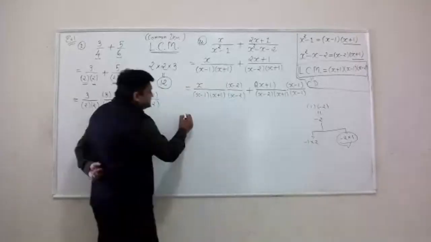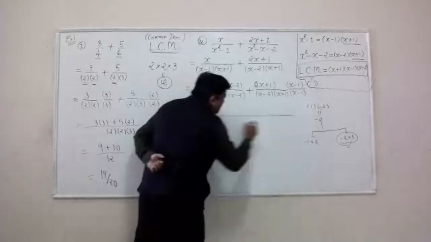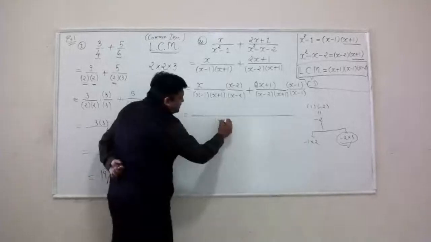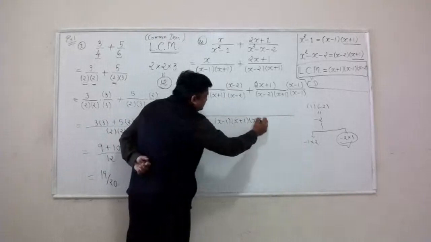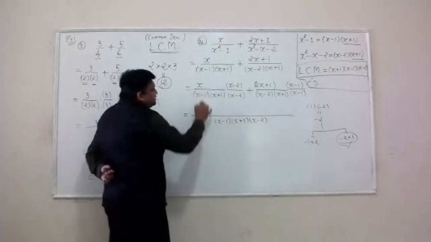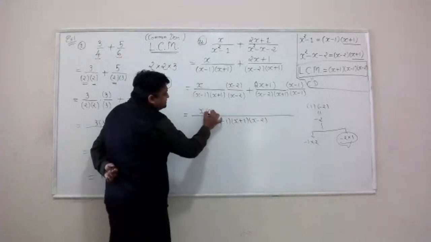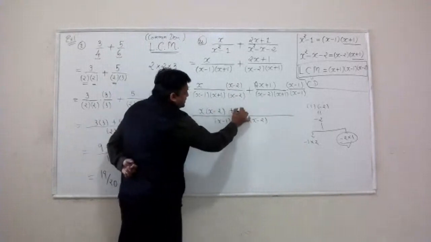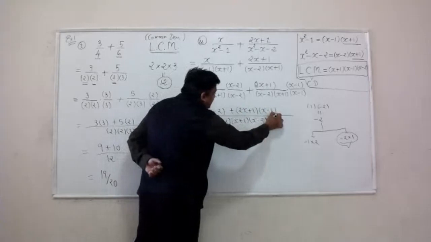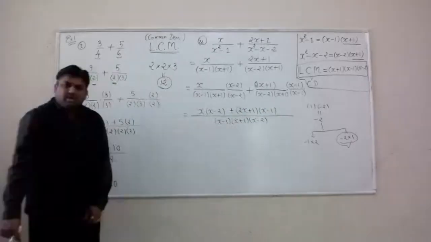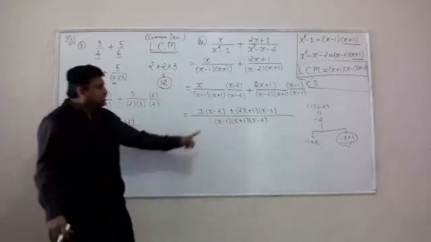I'm going to write it as a common denominator now. Look, the common denominator is x minus 1, x plus 1, x minus 2. In the top, I have x times x minus 2 plus 2x plus 1 times x minus 1. All right. Now think about it for a second.